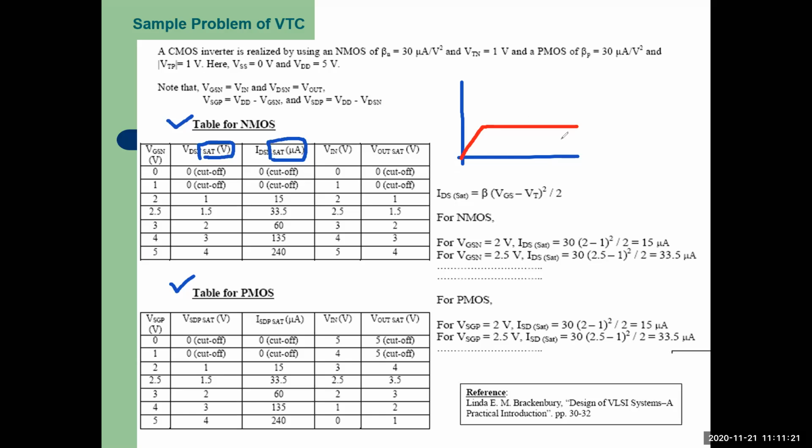If I give you the starting point, will you be able to draw the curve? No, because you can draw like this, or like this, or like this.